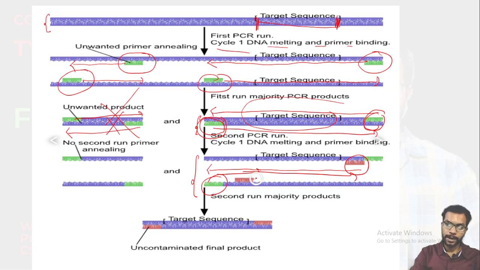Now this primer will amplify only our target sequence. It will not synthesize unwanted or untargeted sequence. The second set of primer that attached within the product of the first set of primer will amplify only the target sequence. That means nested PCR will increase the specificity.